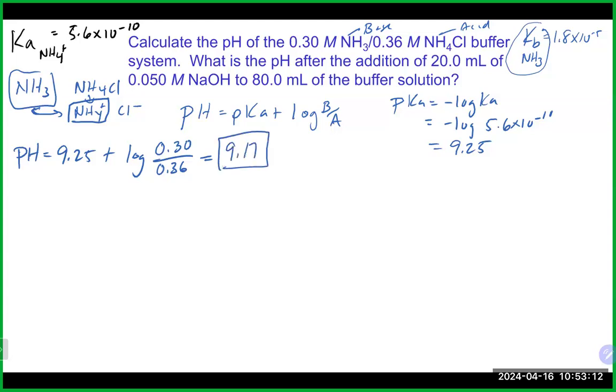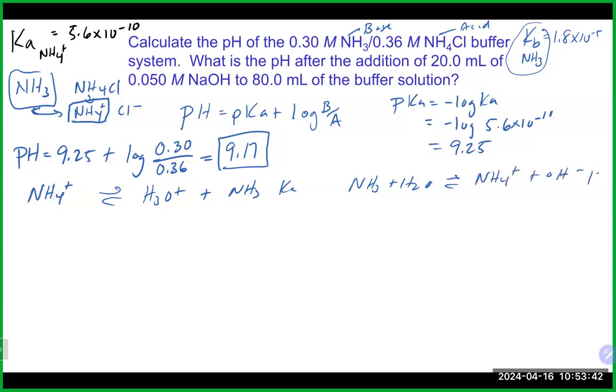Once again, if you chose to do an ICE table, you also have two options. You could do the acid ICE table with the NH4 plus, creating H3O plus and NH3, and do a Ka type problem. You could also do NH3 plus some water, where it would act as a base and give us NH4 plus and OH minus, and do a Kb.